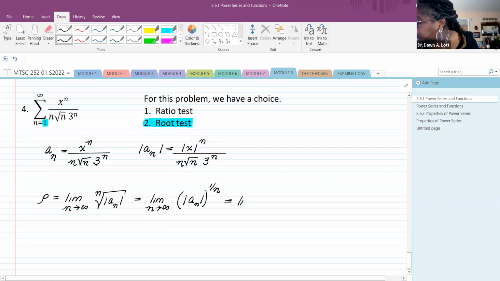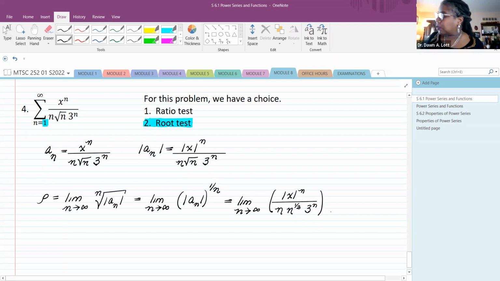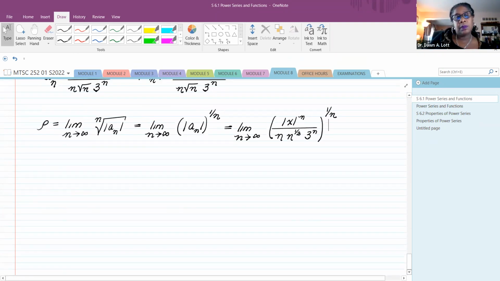So I'm going to take this whole thing, the absolute value of x to the n, divided by n. I'm going to write this nth root as n, the square root of n as n to the 1/2. And then I'm going to write this as 3 to the n, to the 1 over n. All righty, now that's looking good.